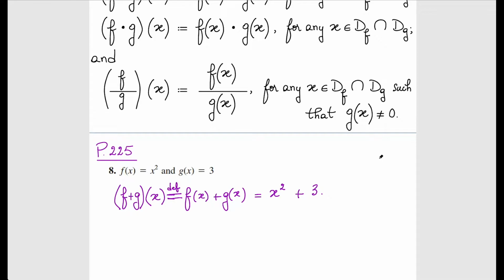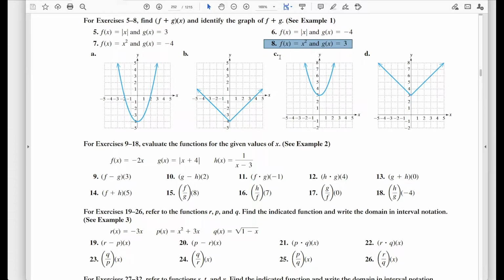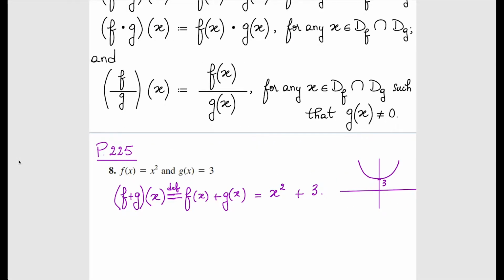So we're going to get a graph like this, right? This is the tip, the vertex, which is 3. Okay, so let's see which one it is. It's part C, so this is graph C, right? So let's write this down. So graph C.